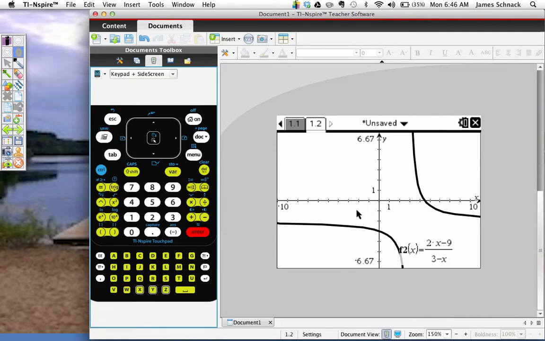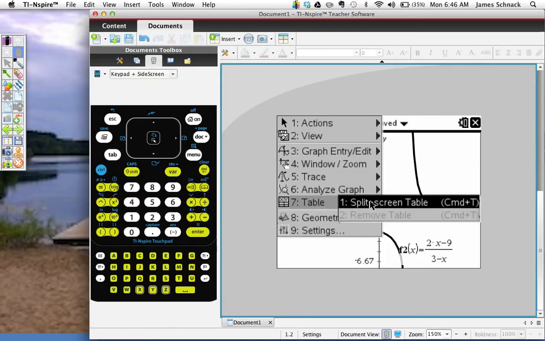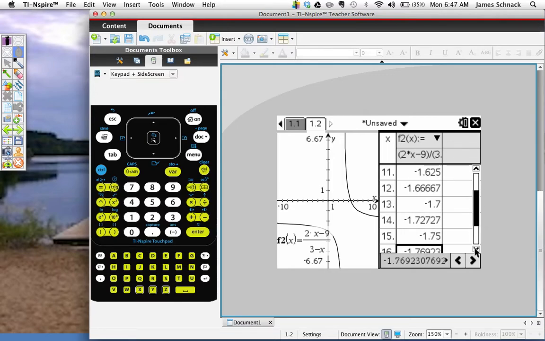So to find our asymptote, and you might be able to look at this graph and get a pretty good guess of what it is. But what we're going to do is go right to the table. We want to know what's happening as x gets really, really big. So I'm just going to roll down here.